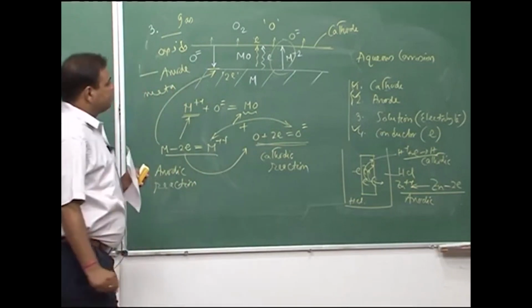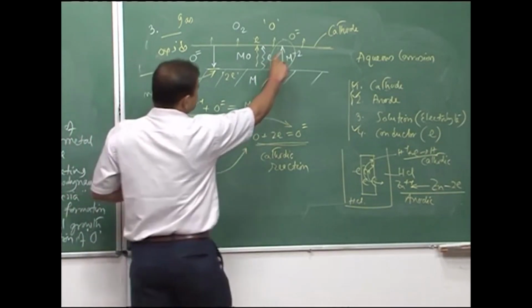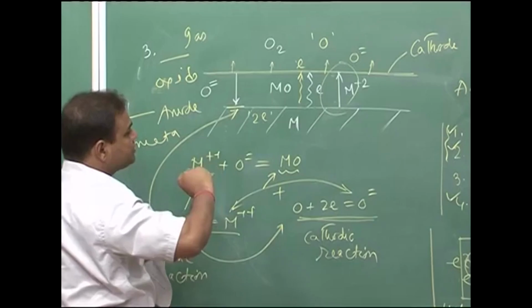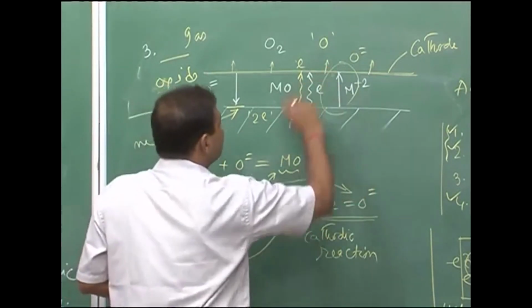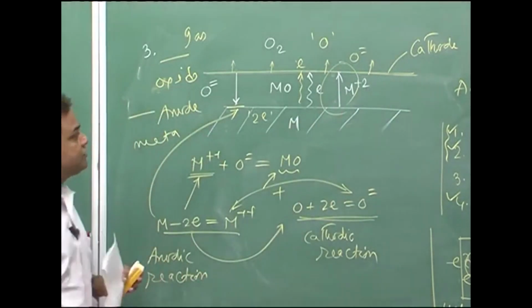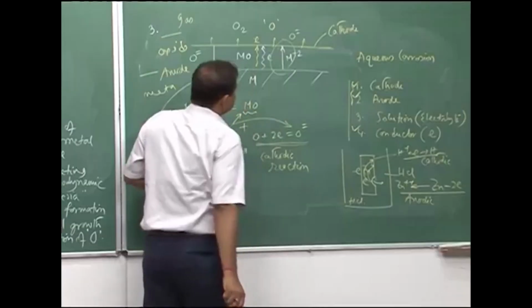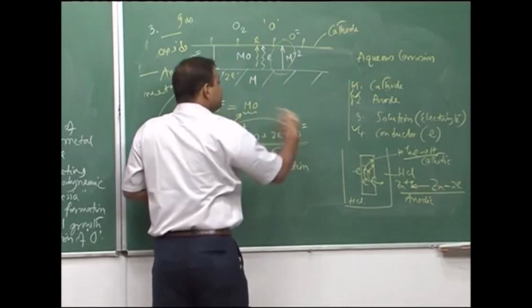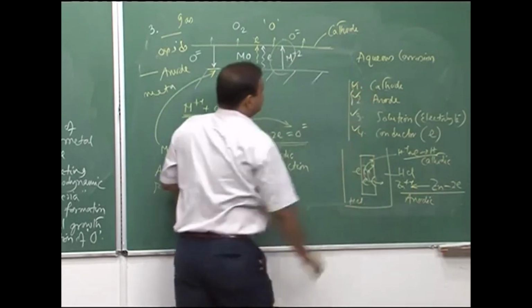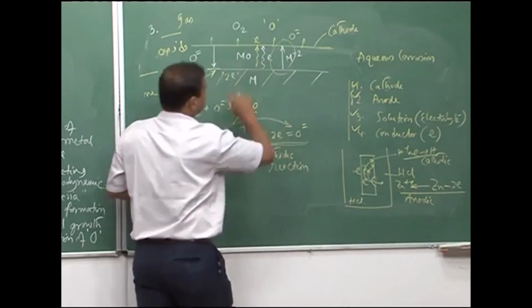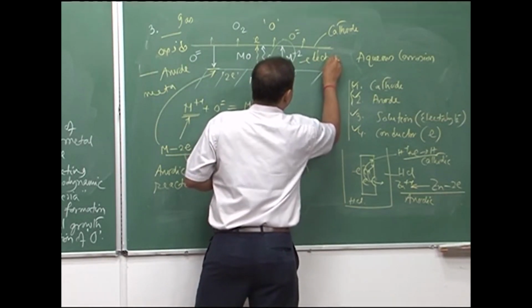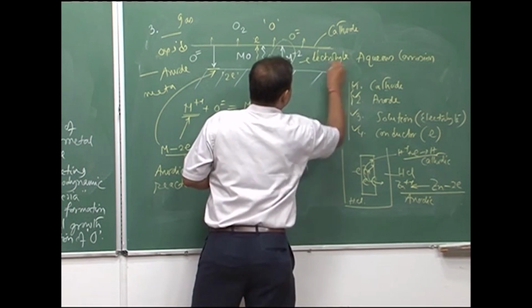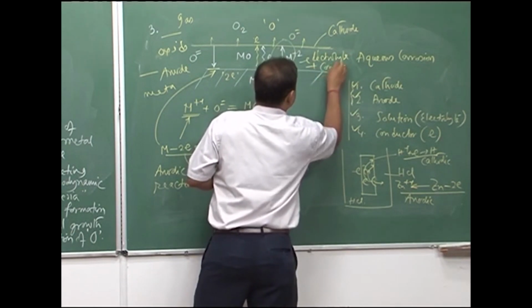That means this is acting as a solution, just like in aqueous corrosion, where ion movement is possible. So, this ion movement is taking place through this oxide. So, this oxide is also acting as the electrolyte. So, all the four steps are there. This is acting as electrolyte as well as conductor.